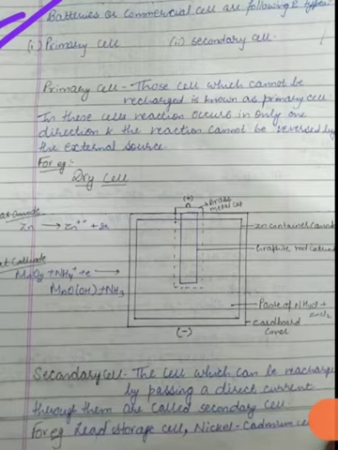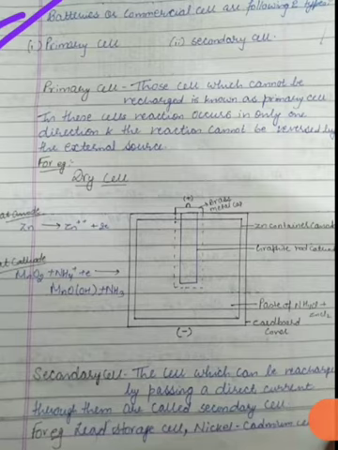Talking about primary cells, these are cells that, once exhausted, cannot be used again. What I mean to say is that they cannot be recharged. Once used or exhausted, they cannot be used again.